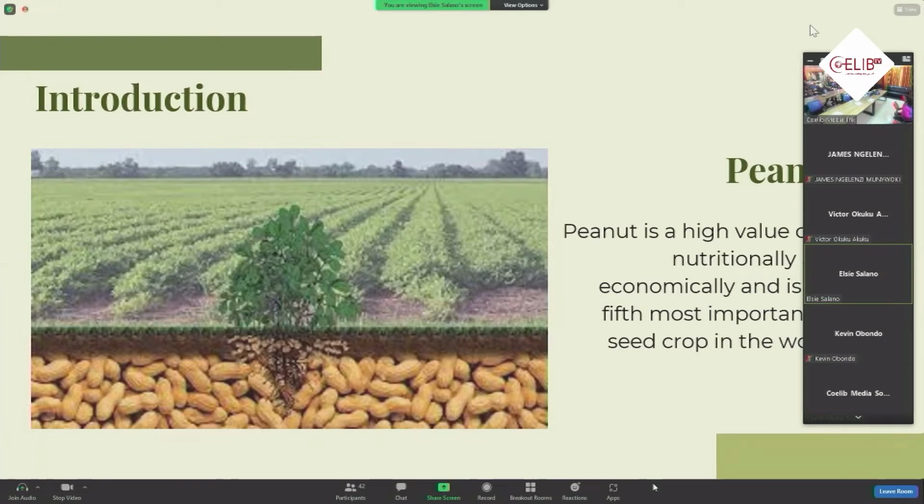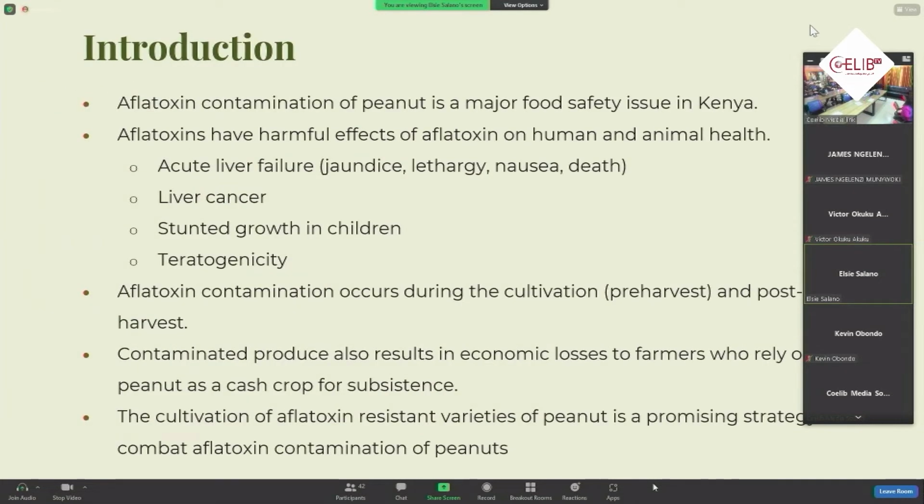Peanut is a high-value crop nutritionally and economically, and it's ranked among the 5th most important oilseed crops in the world. However, we have one major problem related to peanut farming, and that is aflatoxin contamination of peanuts, which is a major food safety issue in Kenya.